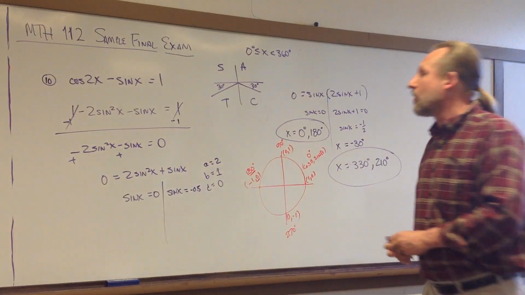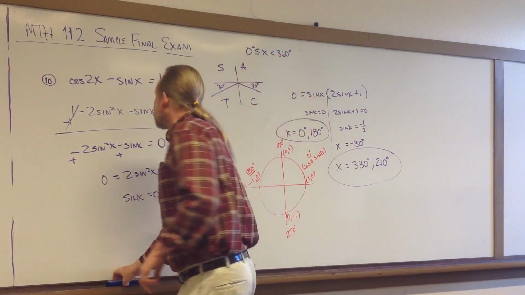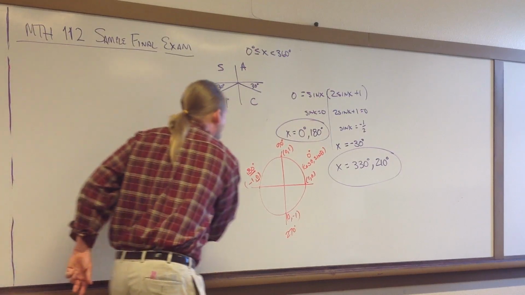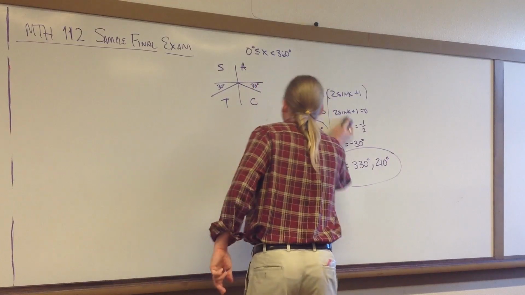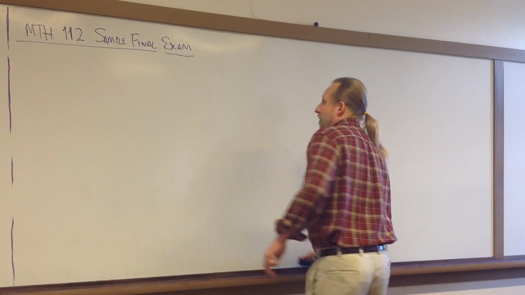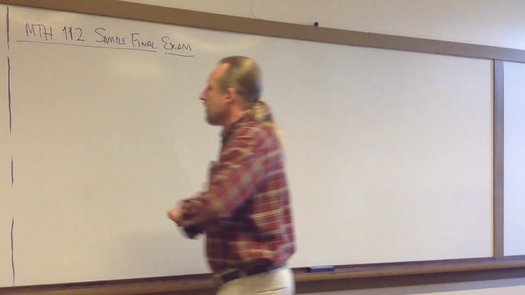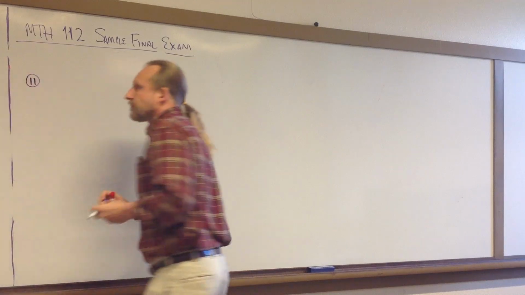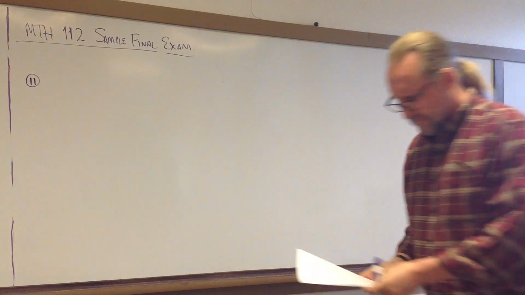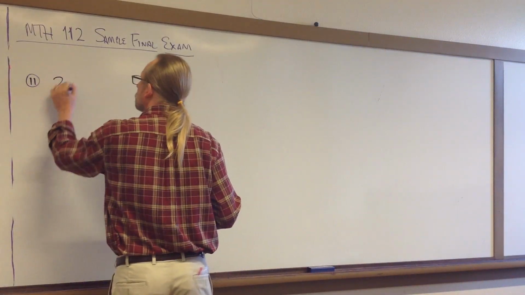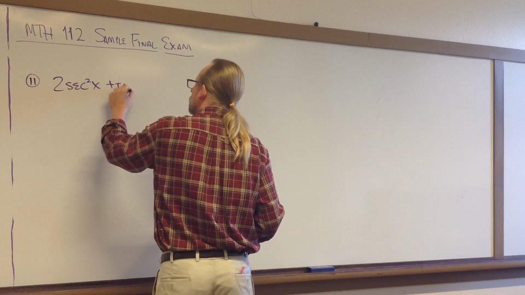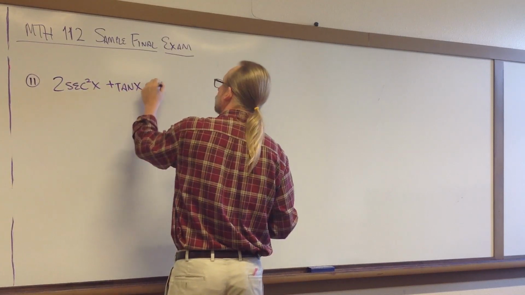I think we got one more to look at. Problem 11. 2 secant squared x plus tangent x equals 3.